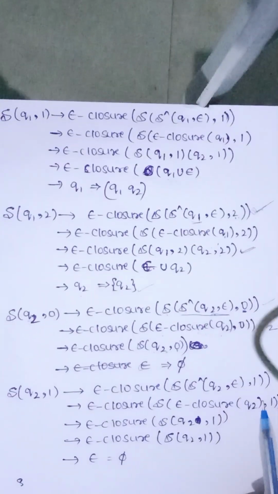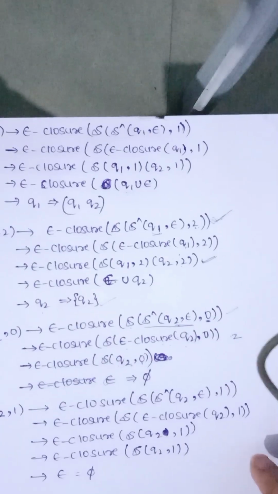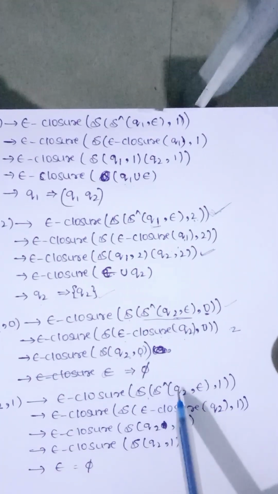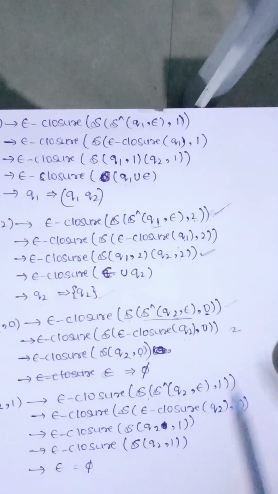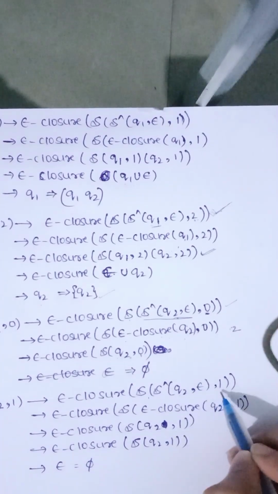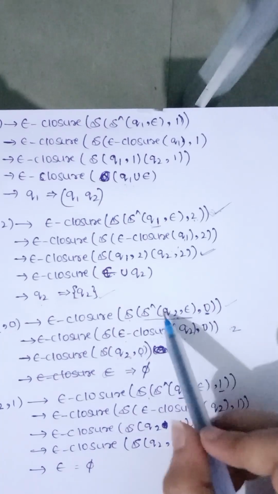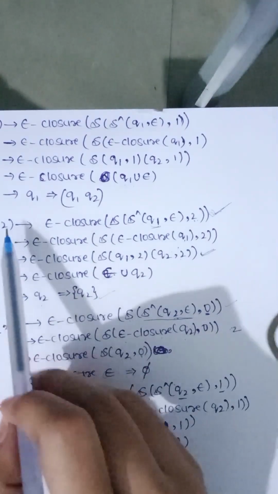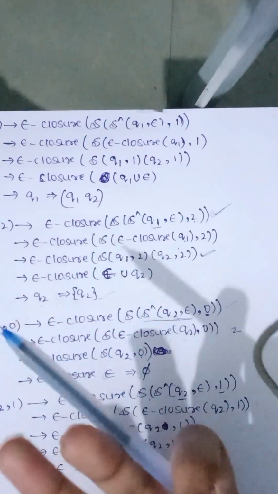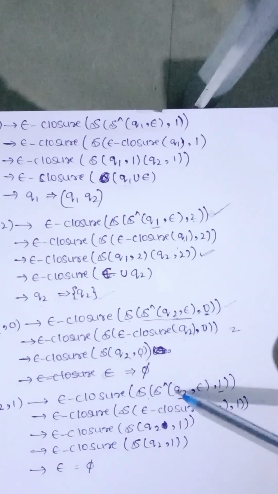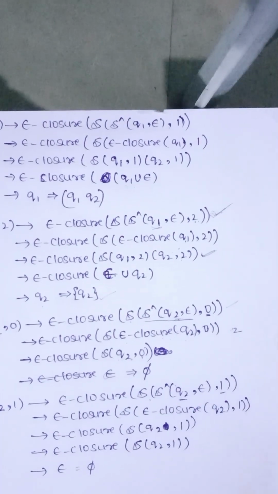Now for q2 comma 1, we are checking epsilon closure of delta cap q2 comma epsilon comma 1. What we changed here is the input as 1 and the state is q2. The state is q2 only, because there are 3 inputs: 0, 1, 2. For that we are checking q2 0, q2 1 and next q2 2.